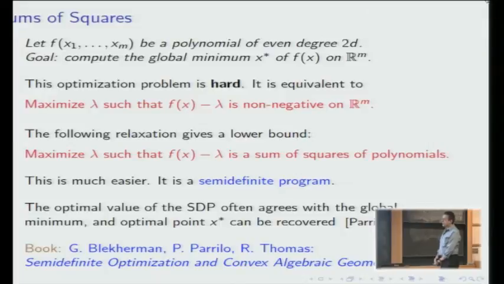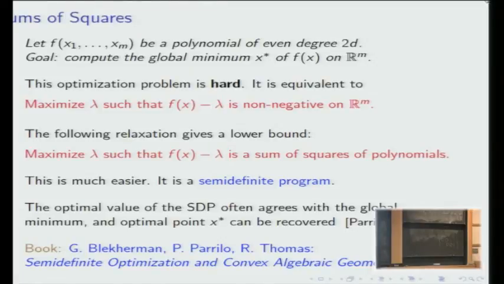Now, the optimal value of this semi-definite program often agrees with the global minimum, and the optimal point can often be recovered. Why is that? Well, you pass to the dual semi-definite program. If you are lucky, the dual solution will be a rank 1 matrix.